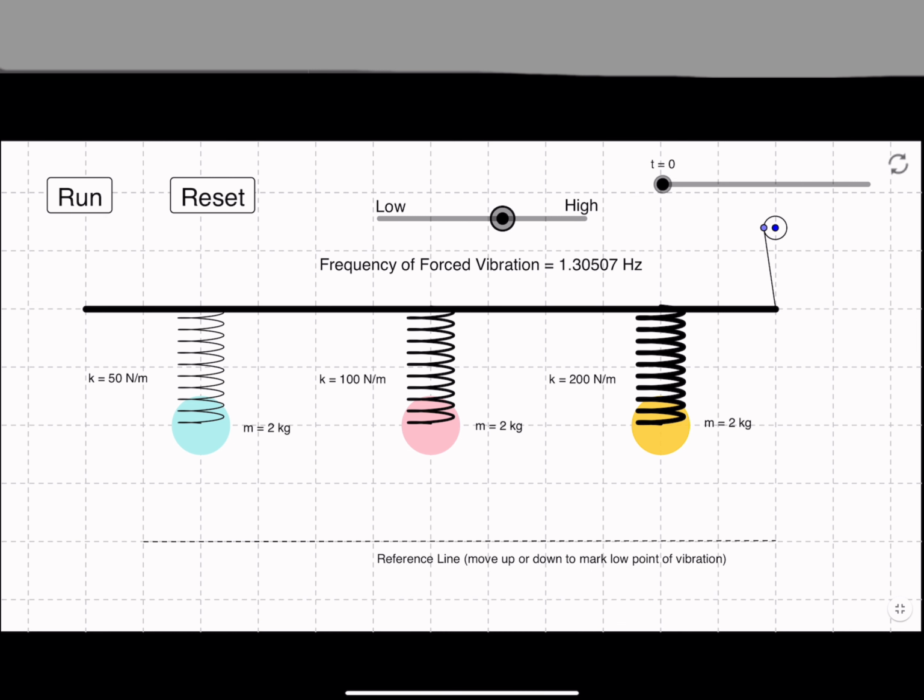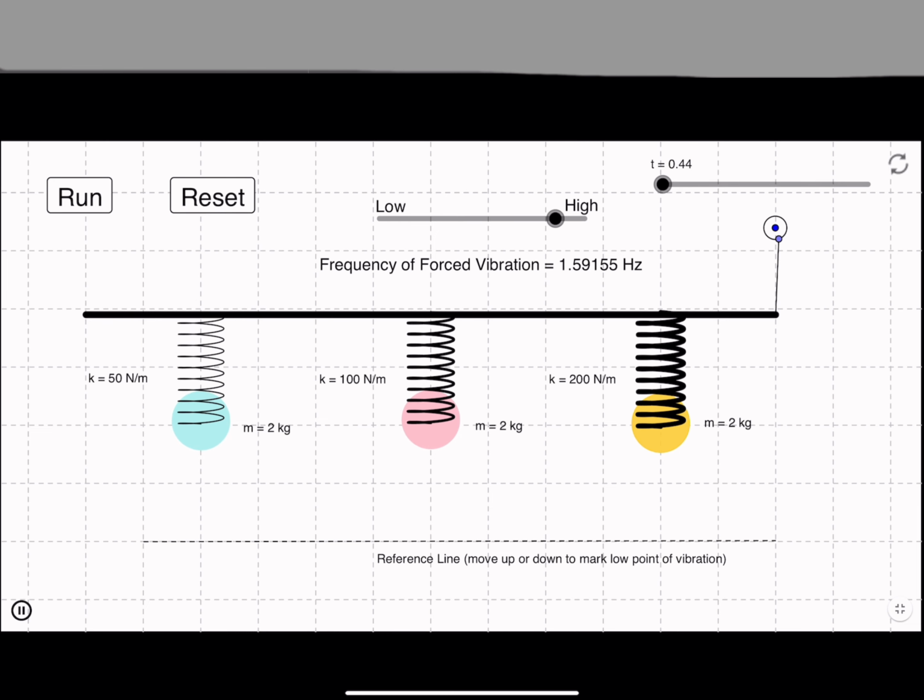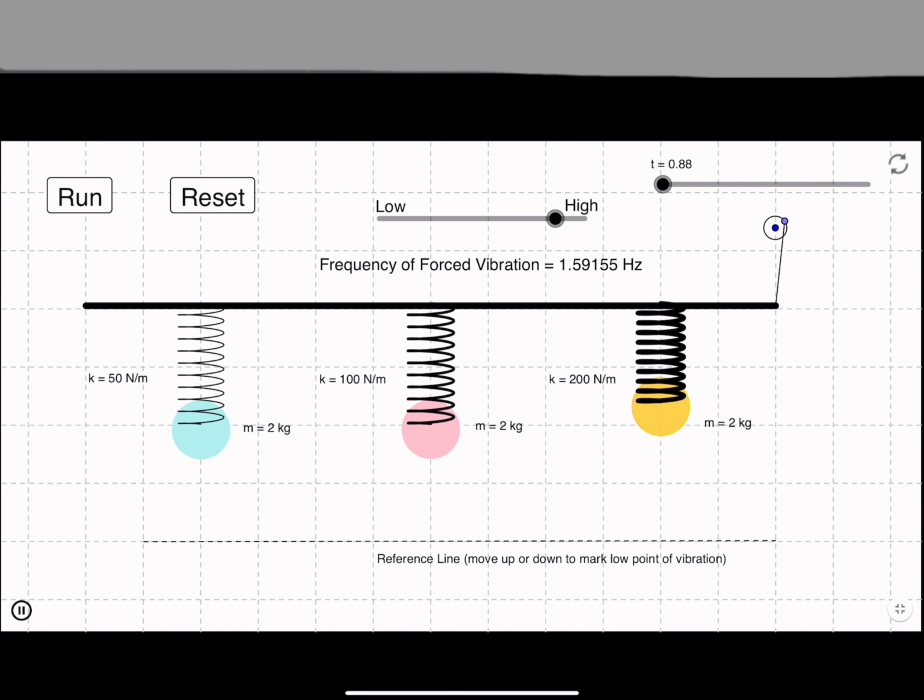We can now set 1.59, and we will observe what is happening this time. Somewhere here we are. Of course, this is not exactly 1.59, but very close to 1.59.